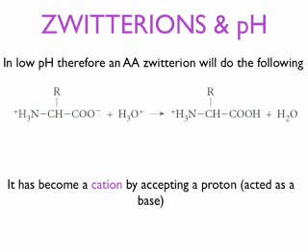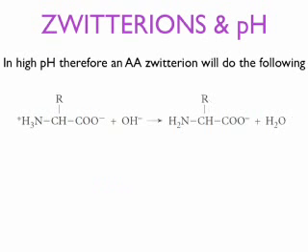This particular Zwitterion of this amino acid has become an overall cation because it's accepted a proton onto the carboxylic acid group that had originally donated its proton. Have a look at the overall charge on the right-hand side. The H3N+ exists as a positive area. The COOH is neutral, which means the overall charge of this Zwitterion is now positive in an acidic environment.